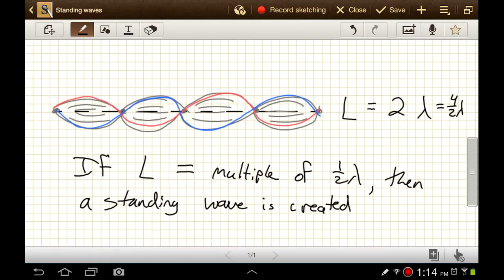And if it's not a multiple of 1/2 wavelength, say it's 2/3 of a wavelength, then we can't make a standing wave with that wave. We'd need a different frequency, a different wavelength to make it work with that situation.